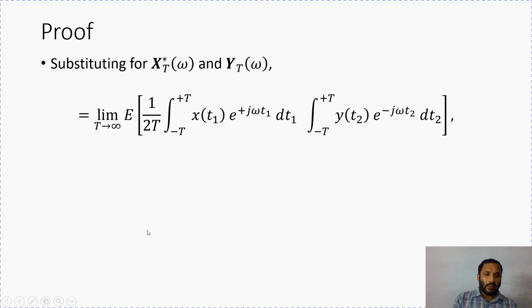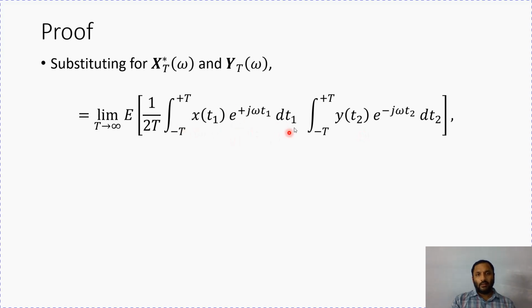Here I have chosen different dummy variables for each of these integrations. It is rather more informative to take two different dummy variables than to put t and t here.